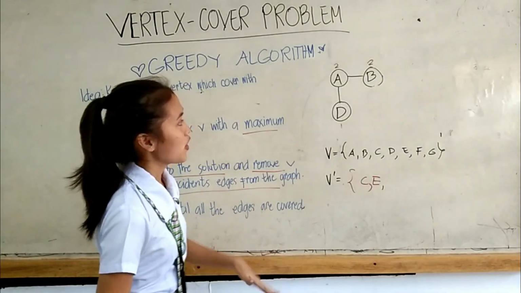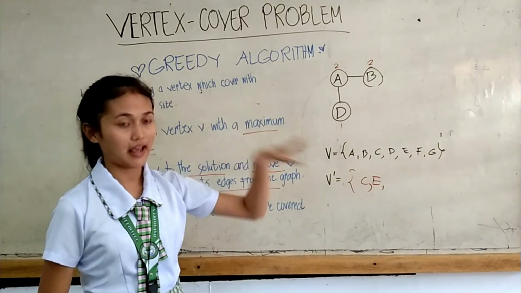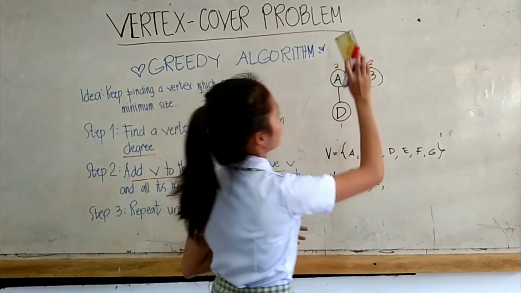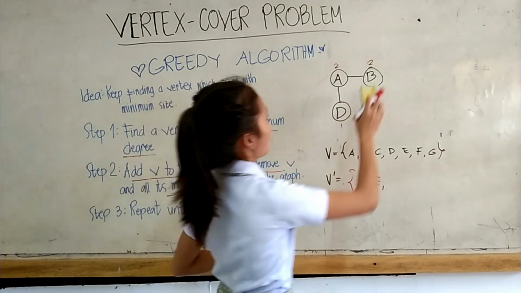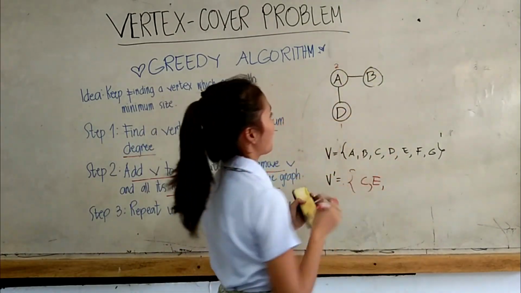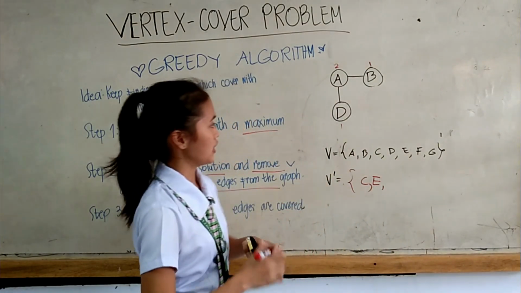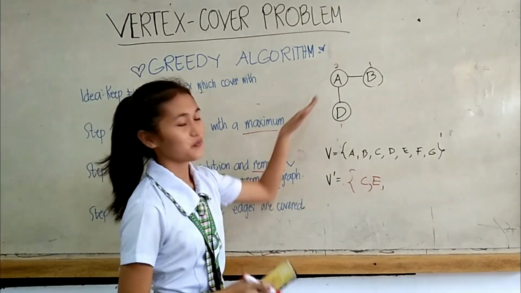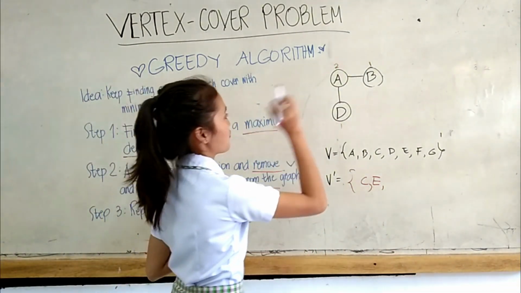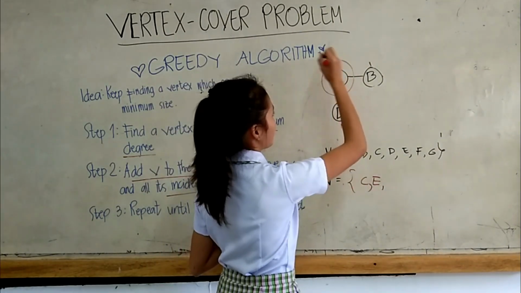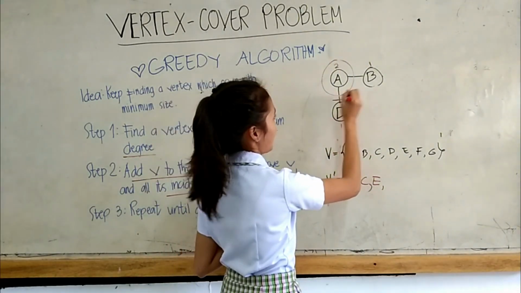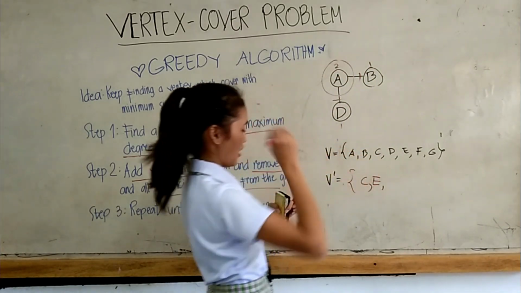This time there are 2 edges left. Vertex B is updated and has only 1 degree. So I choose vertex A, so it can cover this edge and this edge.